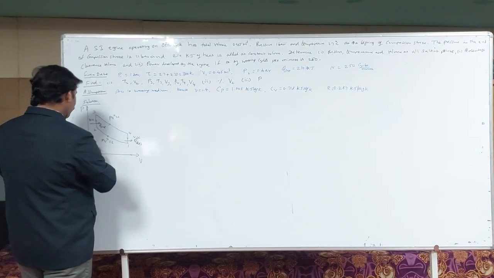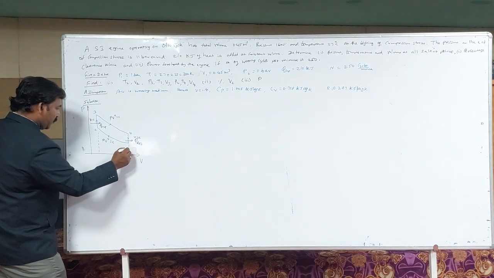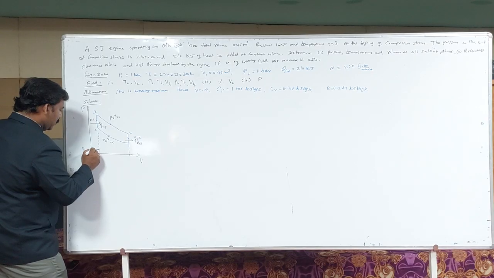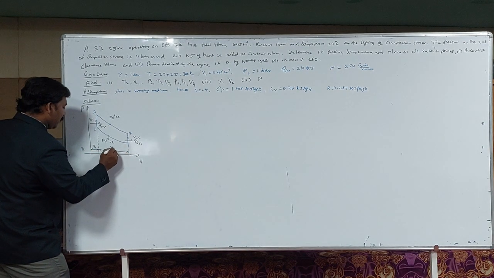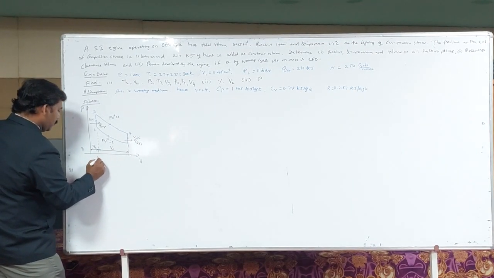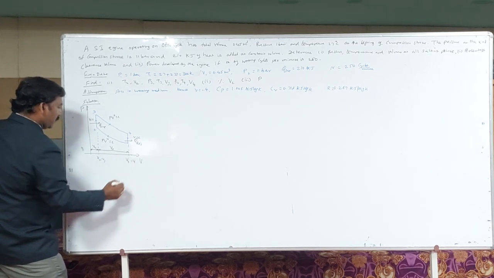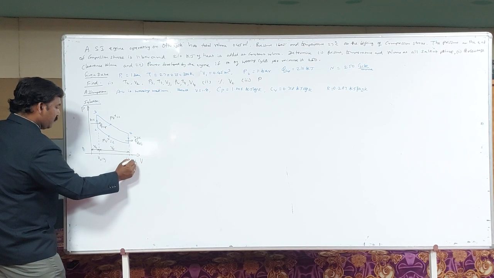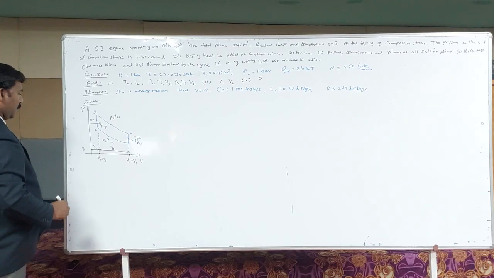So now we will mark out the clearance volume and swept volume here. So this is clearance volume and this one is a swept volume, and this V2 is equal to V3 and V4 is equal to V1. All right.